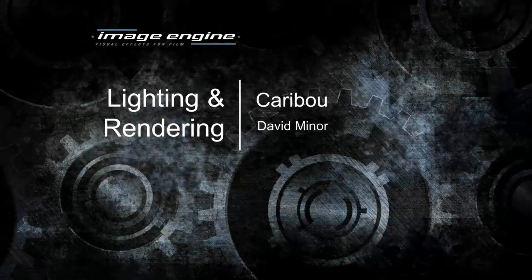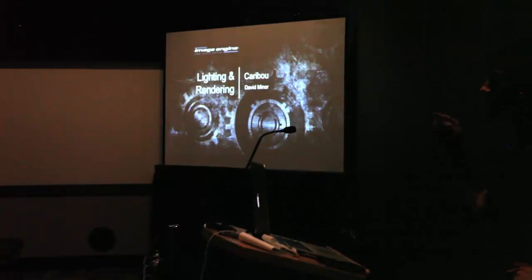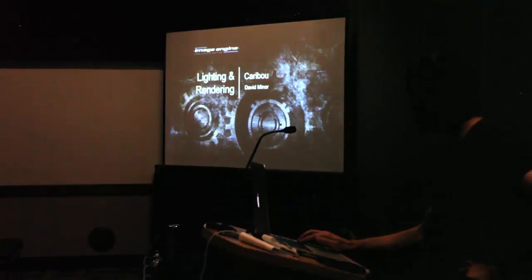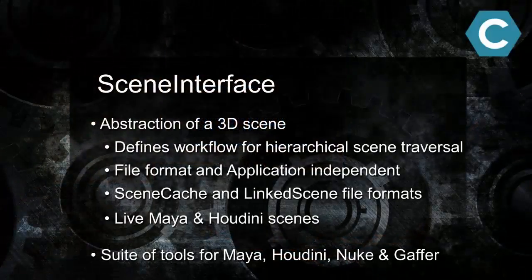So this is a system called Caribou. It's for pulling data from applications like Maya through Gaffer, so it can be processed afterwards. One of the foundations of it is this scene interface class, which is an abstraction of a 3D scene.